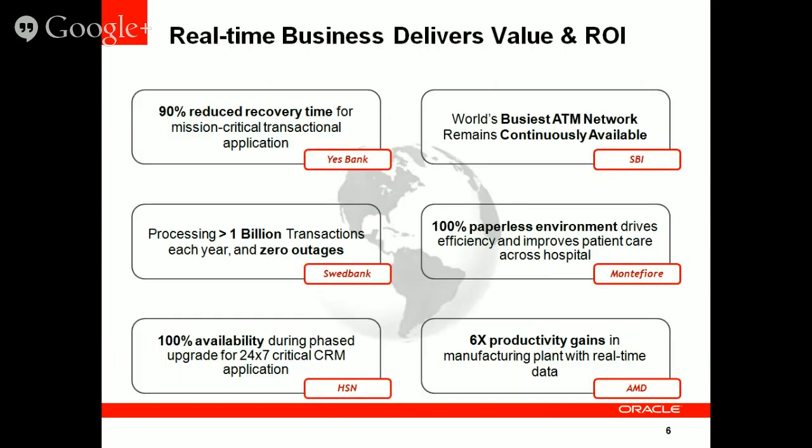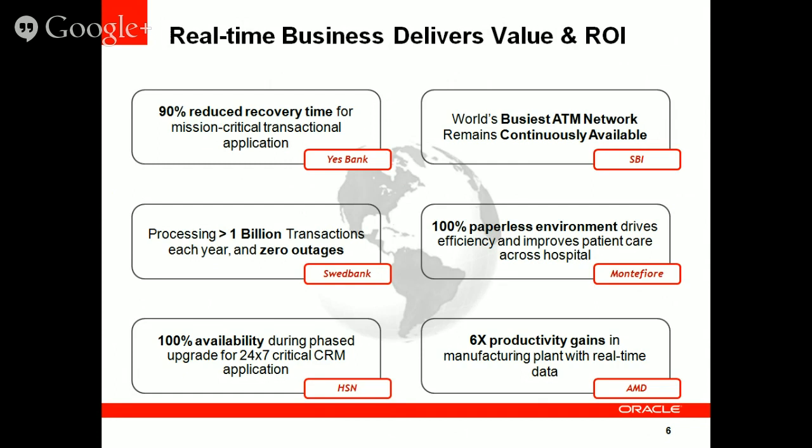So in various companies currently in the world, they are using GoldenGate. For example, S Bank, 90% reduced recovery time for mission critical transaction application. State Bank of India, they are having world's busiest ATM network, remains continuously available. Swedbank, processing more than 1 billion transactions each year and zero outages.